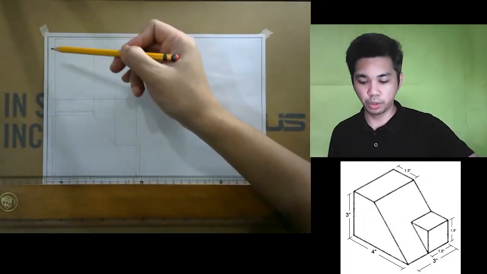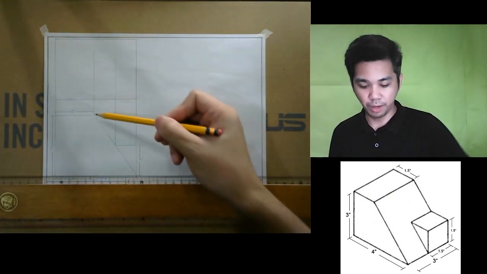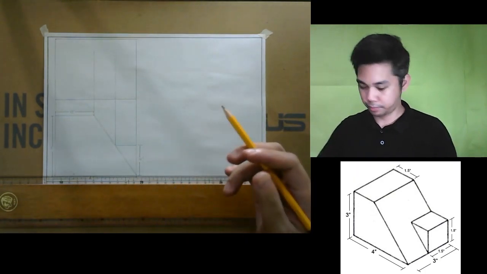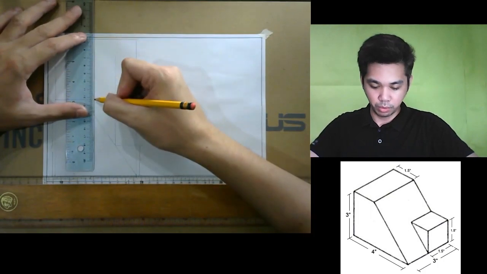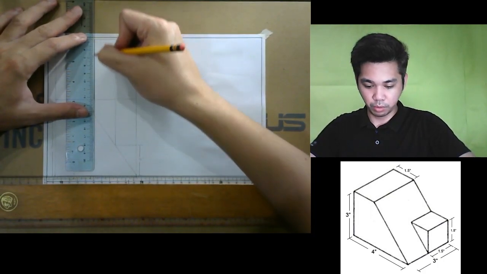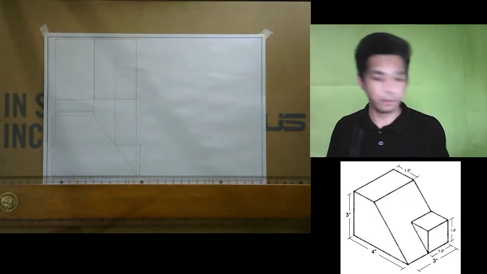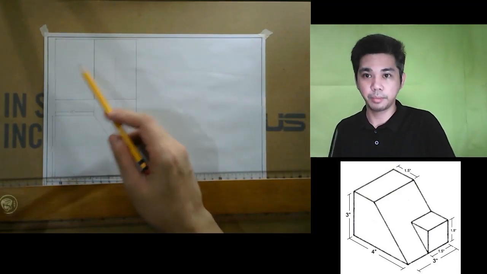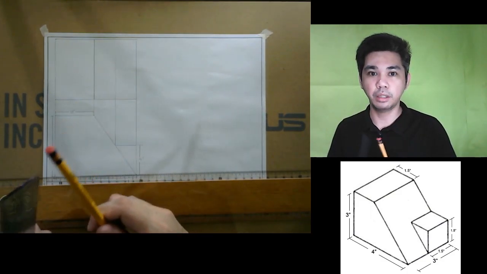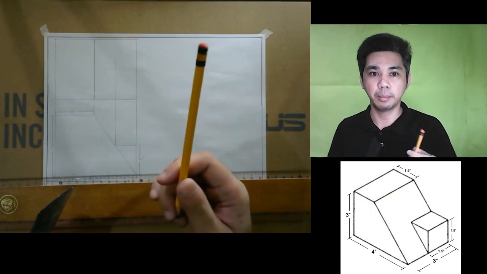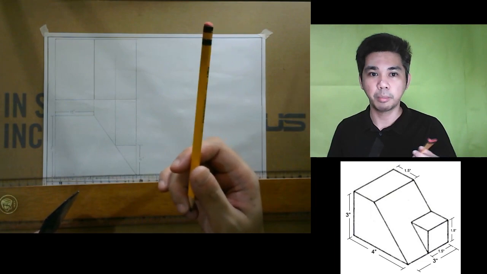Okay, so since we already have our bounding boxes, and we have projected one line here, on the top view, this plane most certainly looks like the rectangular plane that you can see on the top of the object.